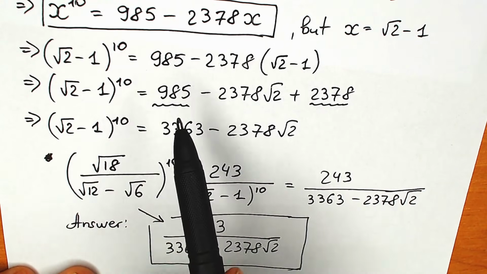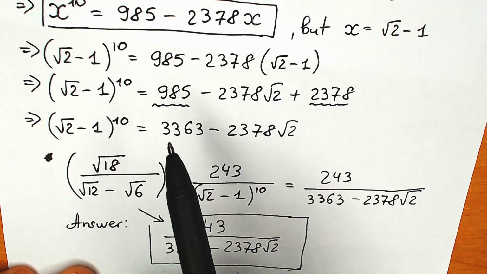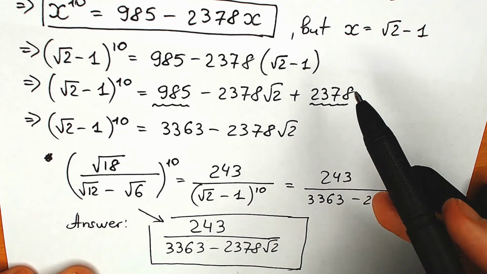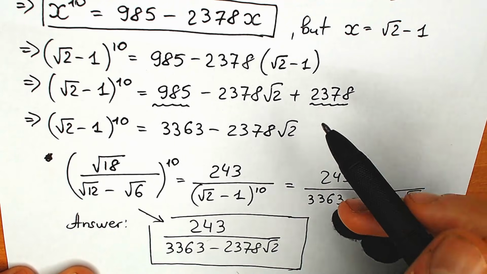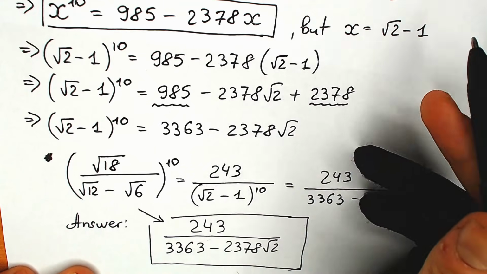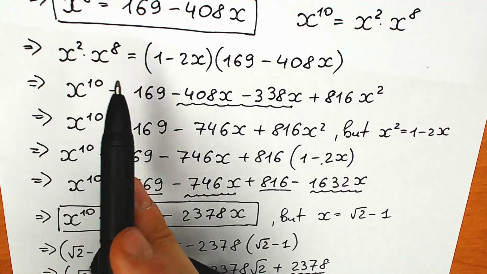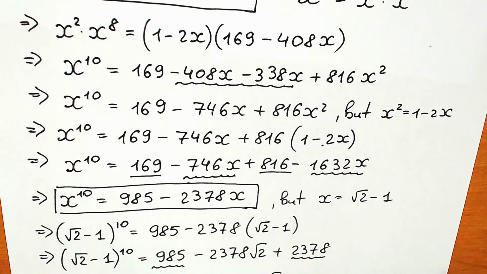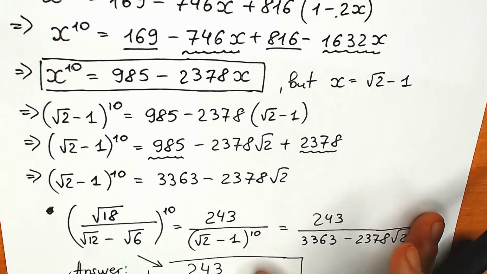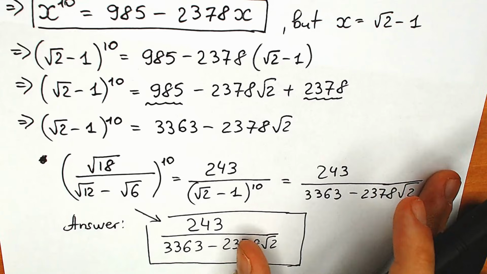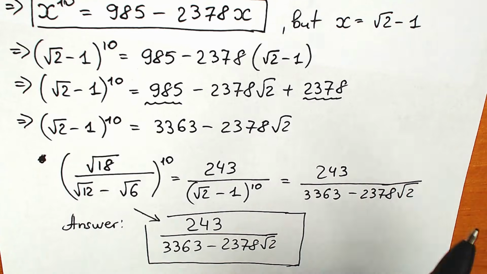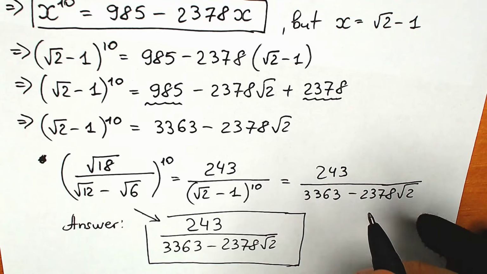I really like this way, and a lot of students agree with me that this is a step-by-step solution where we find x squared, the next thing x to the power 4, x to the power 8, and our last step is to multiply square and 8, and we have x to the power 10. This is my way, because a lot of students want to see another approach. They don't understand this one, so write your thoughts about this question in the comments below.